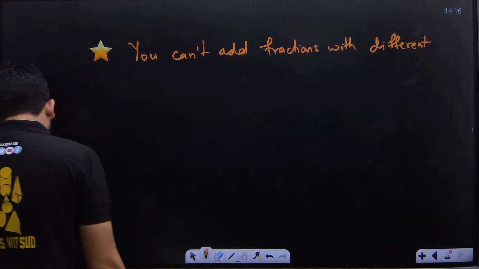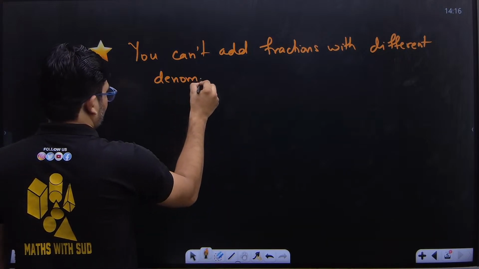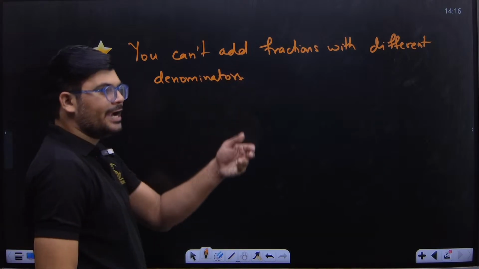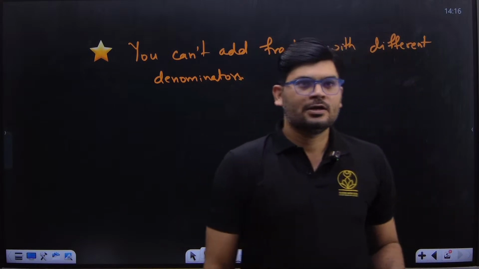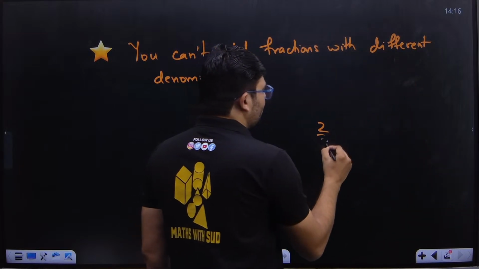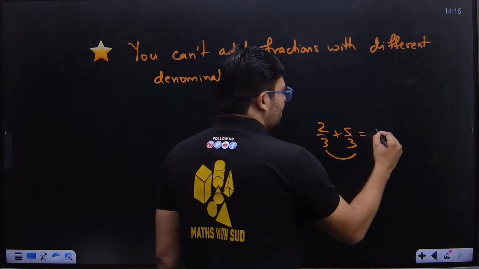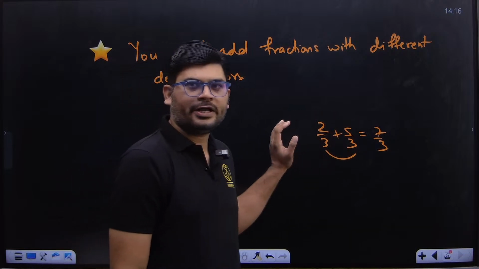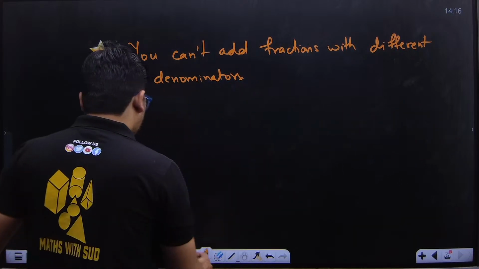But what you add is the numerator. You don't add the denominator as well. Suppose I ask you what is 2/3 plus 5/3. You are not adding 3. You are adding only 2 and 5, only the numerator. Are you getting it? Same goes with the irrational numbers.